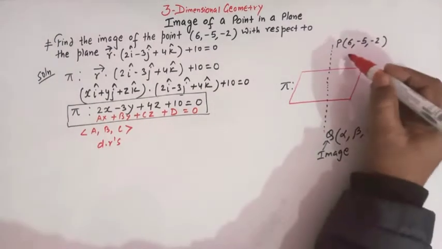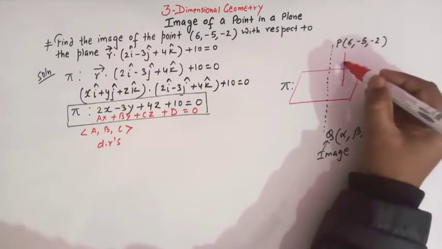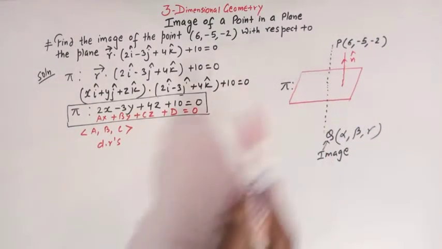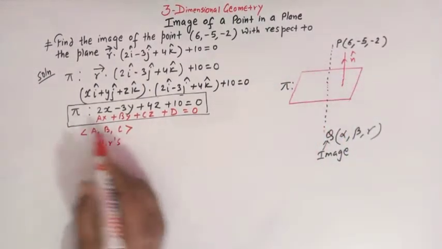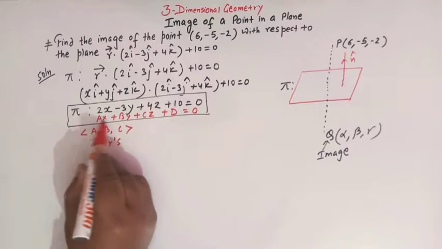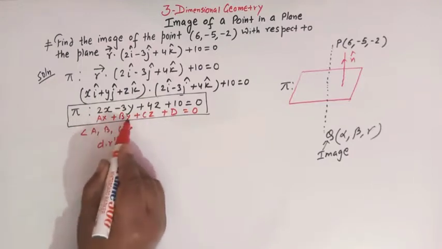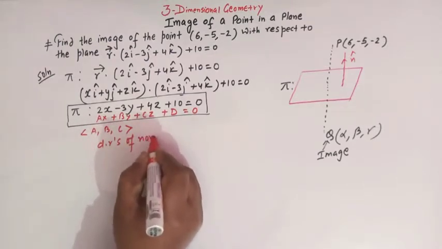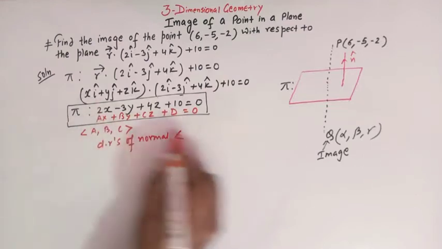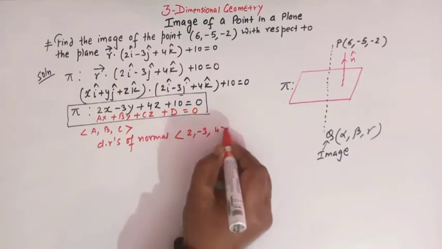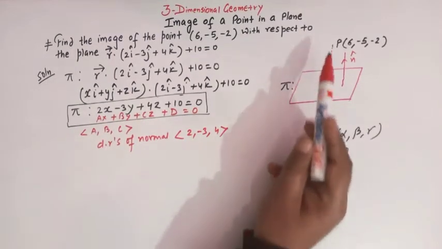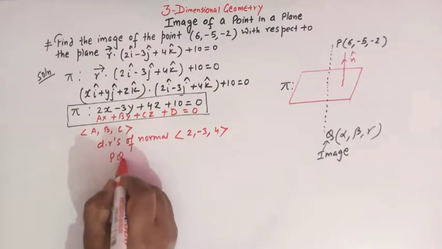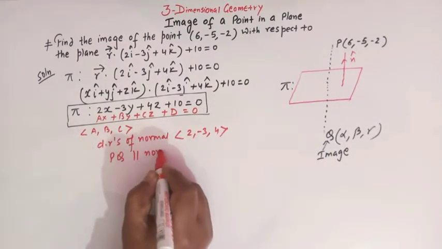The direction ratios of this normal vector to the plane pi are given by a, b, c, which are the coefficients of x, y and z respectively. So the DRs of the normal vector are 2, -3 and 4. And here we see that this line PQ is parallel to this normal.